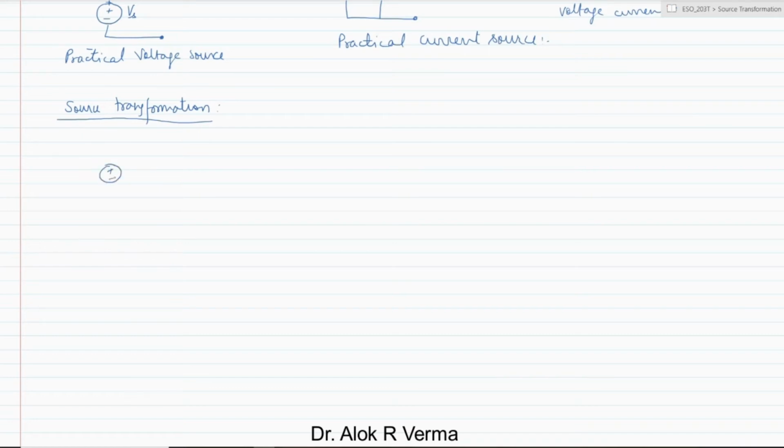Suppose there is some source, for the time being a non-ideal source, connected to some part of the circuit. This is some black box, some big circuit. Now we want to transform it, for the sake of simplicity in solving the network.